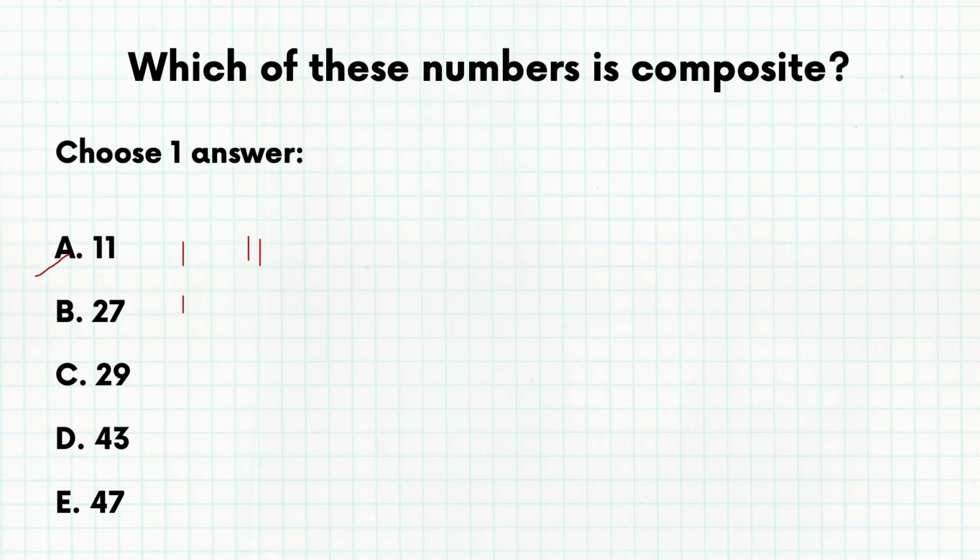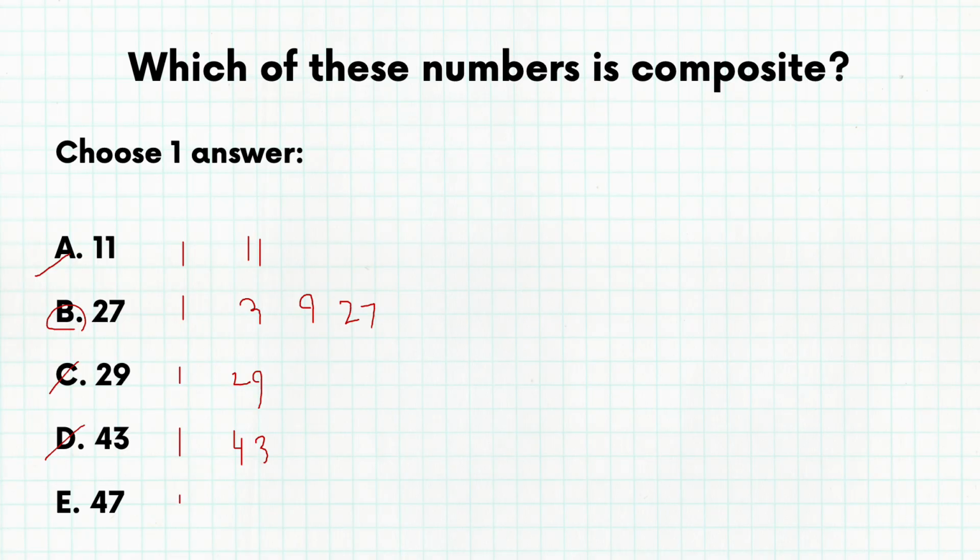What about 27? 27 actually can be divided by 3 and 9 and 27. So 27 is composite. And 29: 1 and itself, 29. So this is prime. And 43 again, 1 and 43 itself, so this is not a composite but prime.